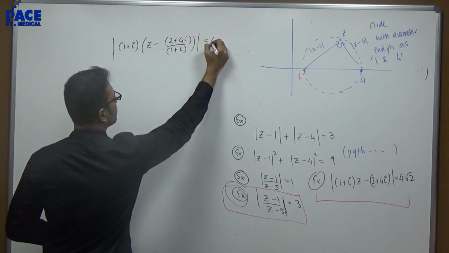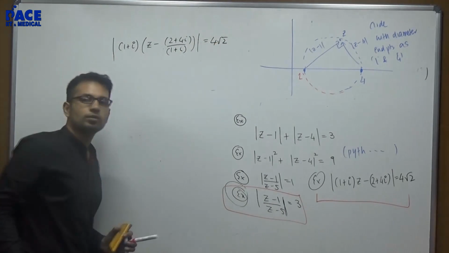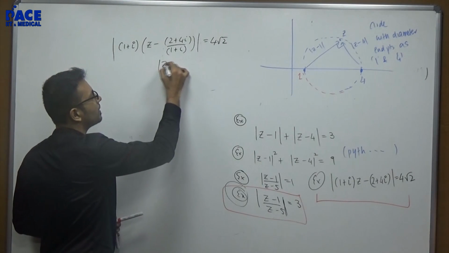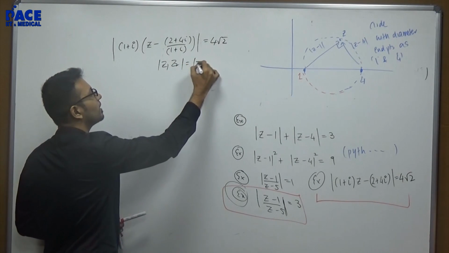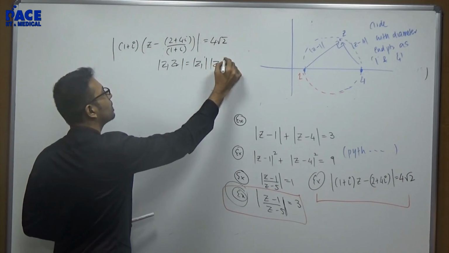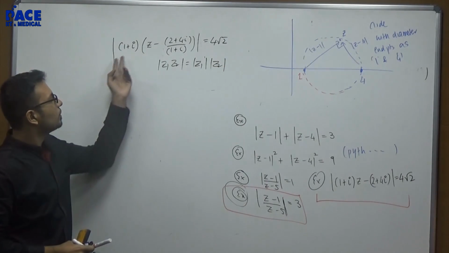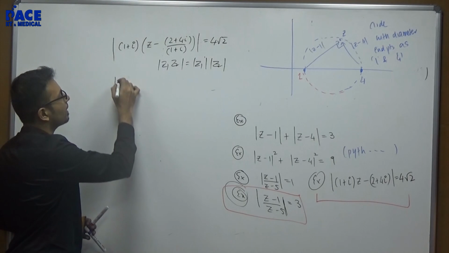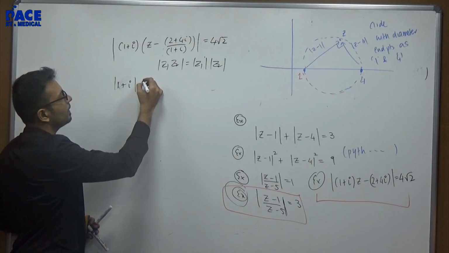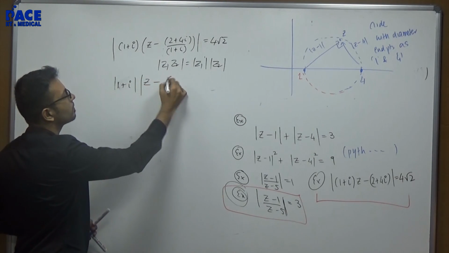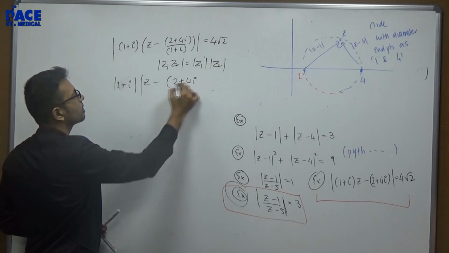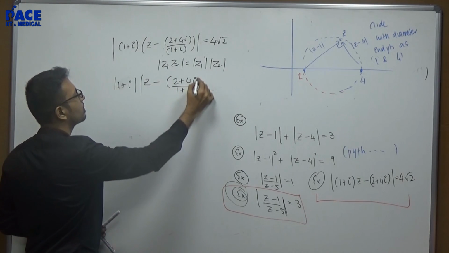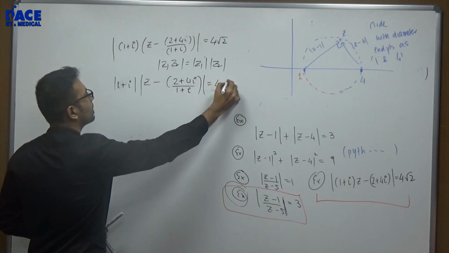Okay? Now, I will use the property mod Z1 Z2 is mod Z1 into mod Z2. So I can say it is its mod into its mod, which is 1 plus iota's mod into its mod. What is the mod of 1 plus iota?